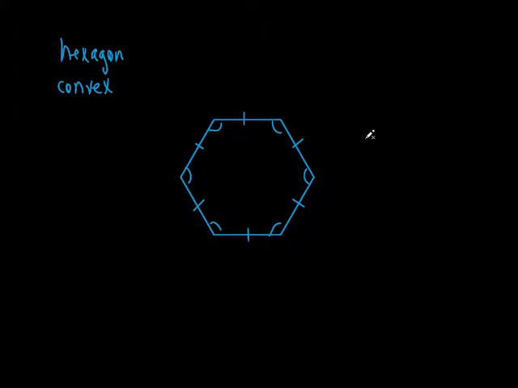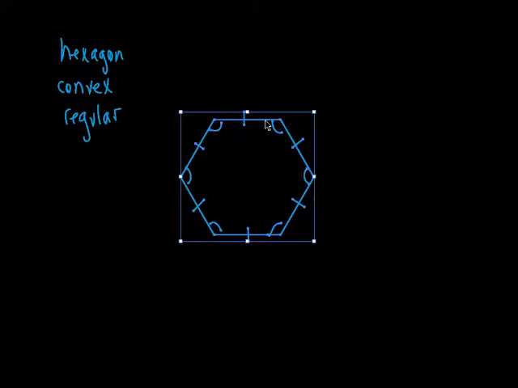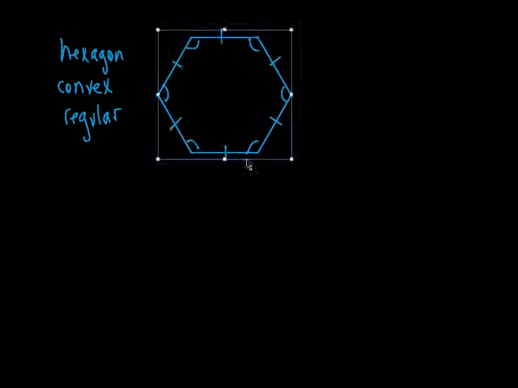All the angles. The angles, right. All the angles are exactly the same. So if all the sides are equal and all the angles are equal, then it's what? It's regular. Okay? If all the angles and all the sides were not equal to each other, that would be not regular or irregular. Let me just try to draw.